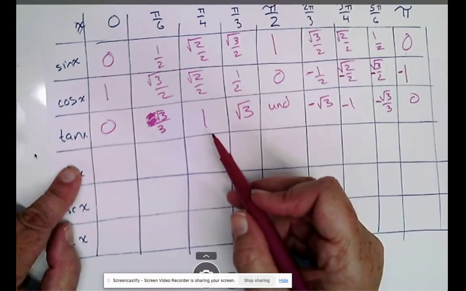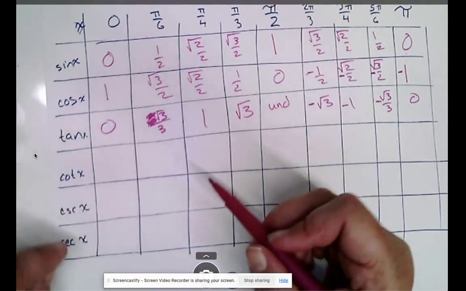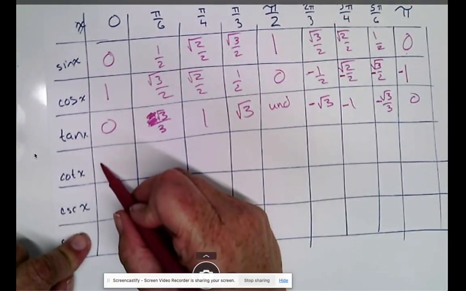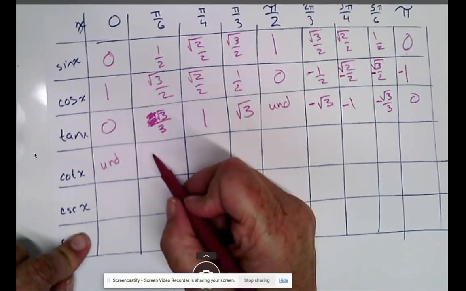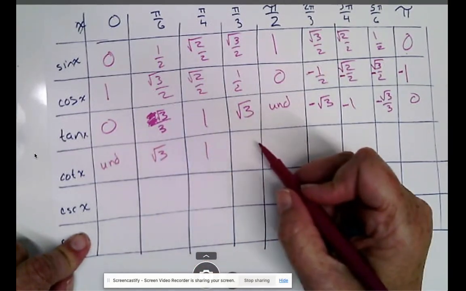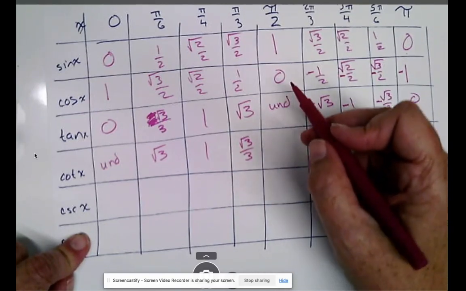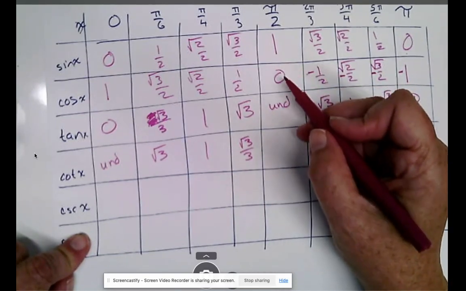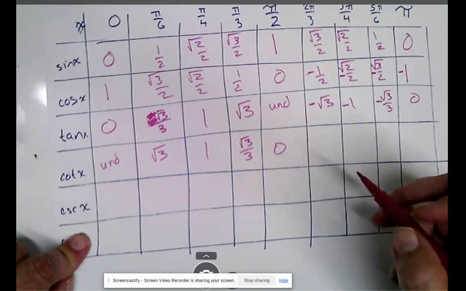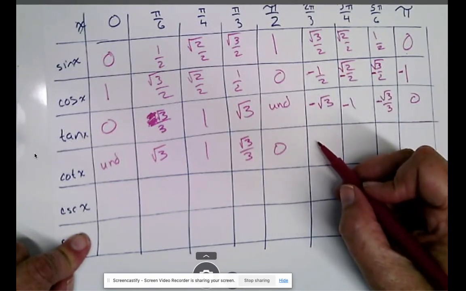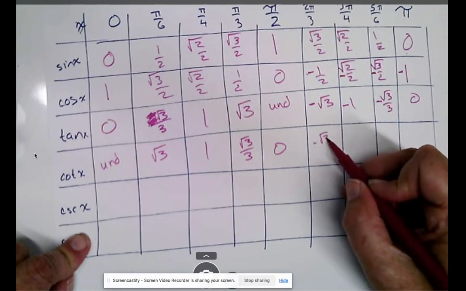Cotangent. It is the reciprocal of tangent, yes? So reciprocal of 0 is undefined. Reciprocal of root 3 over 3 is root 3. Reciprocal of 1 is 1. Reciprocal of root 3 is root 3 over 3. And here's where I think, oh, it's 0 over 1, cos over sine, so that's 0. And then reciprocal here is root 3 over 3.